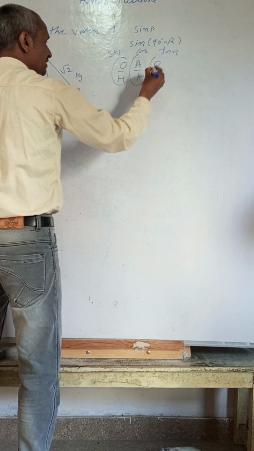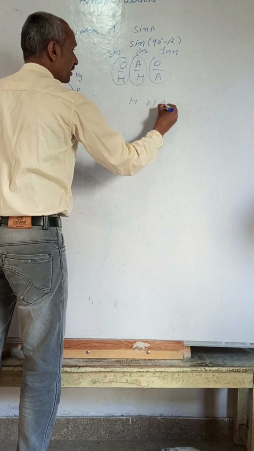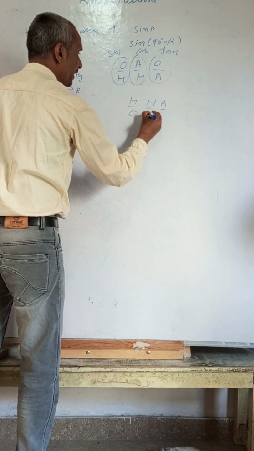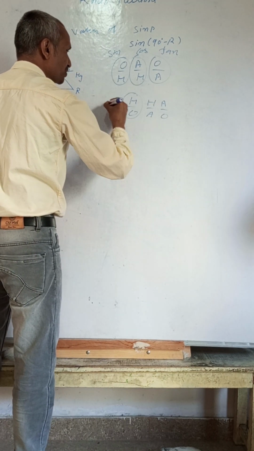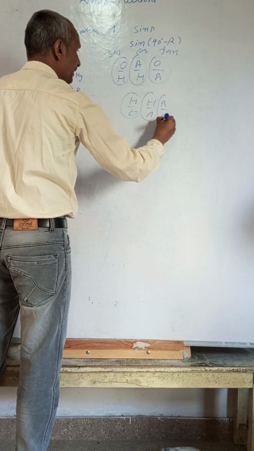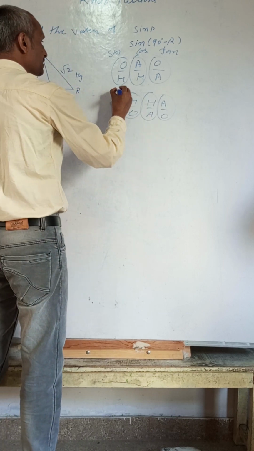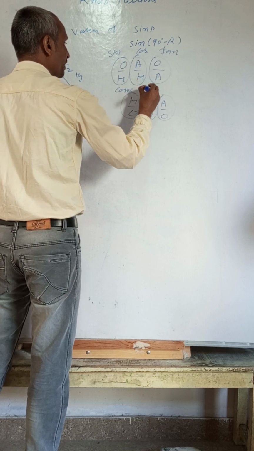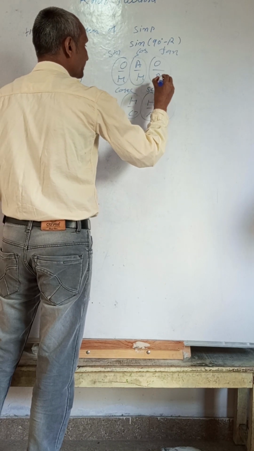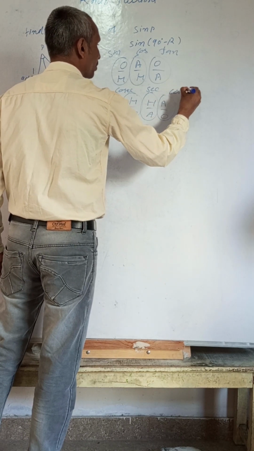If you reverse it, HHA by OAO, then this becomes cosec theta, this becomes sec theta, and this becomes cot theta.